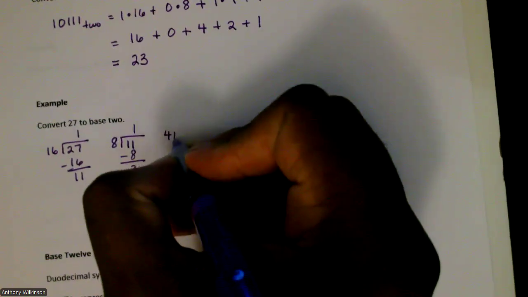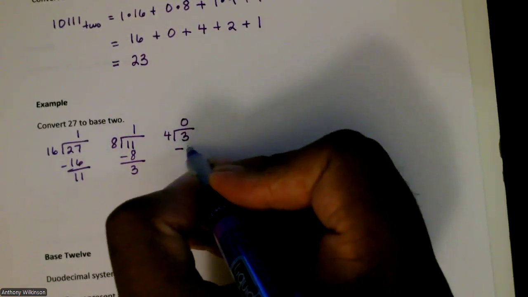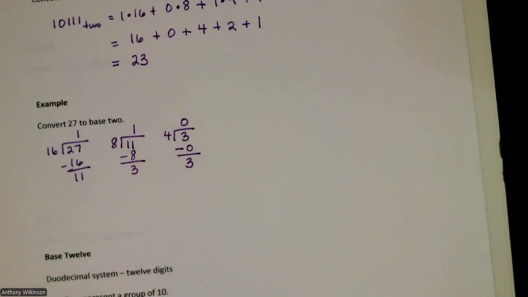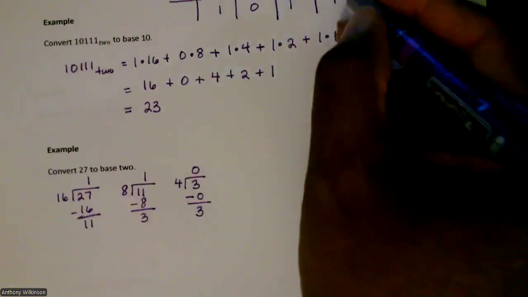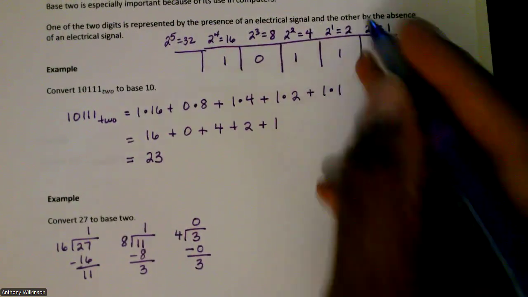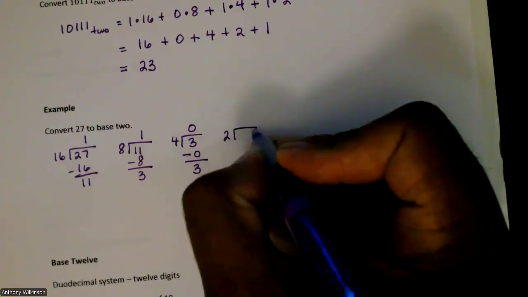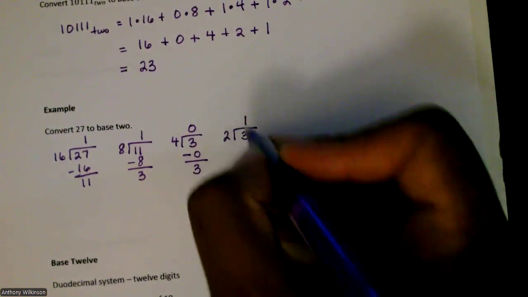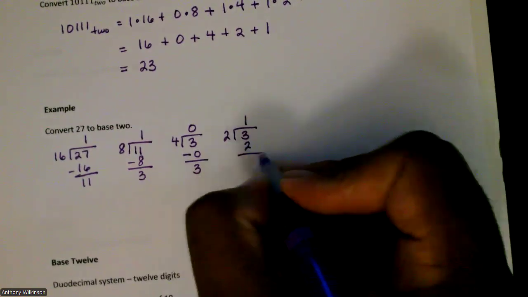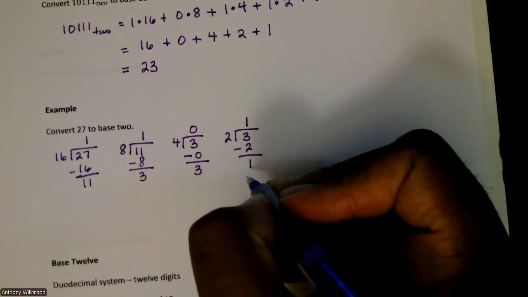So I divide 4 into 3. Well, 4 into 3 goes 0 times. Now I have 3 left over. And then the next would be the 2. So I divide 2 into 3. That goes 1 time. Then subtract 2 from 3, and you get 1.